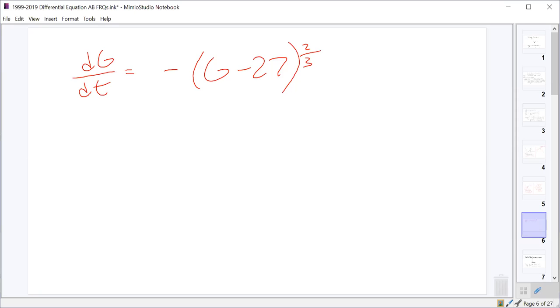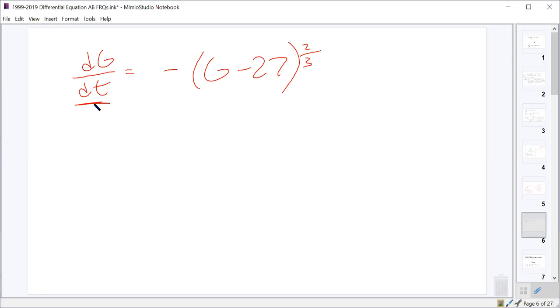Now, if you have not looked at one of these in a while, or have never seen one, this can be a little bit confusing about how to solve this differential equation. We only have one variable, and normally when we just have the one variable, we just integrate. But that's not the case here, because the single variable that we have is not t. If we just have t over here and some constants and some function stuff with t, then we can just integrate and that's fine. But we don't, we have G over here.